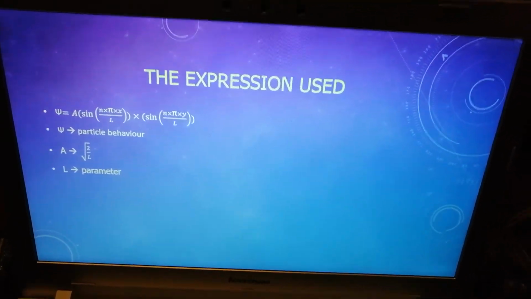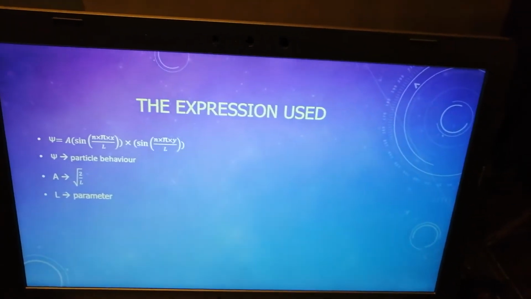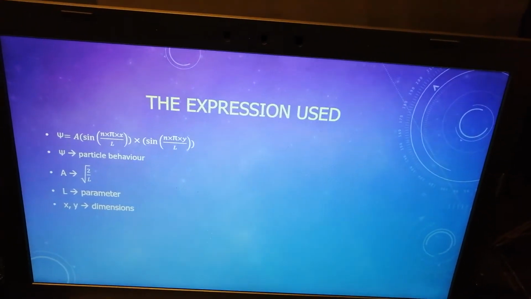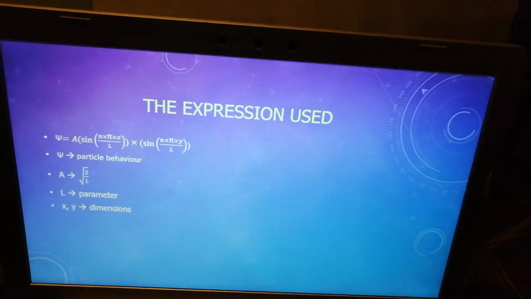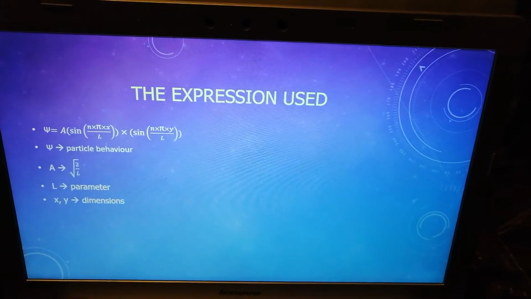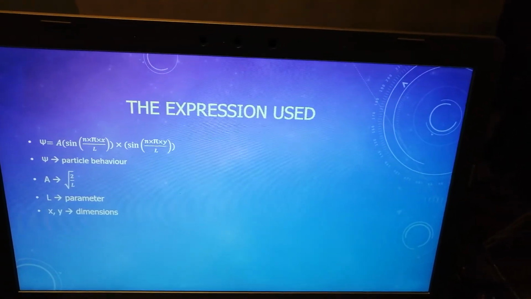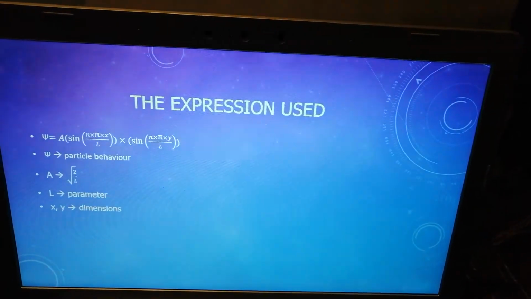L is the parameter of our box, or the length of the box, and x and y are the dimensions that the particle is going to be in. So we're going to have 3 dimensions in the environment to look at, and the particle is going to be in the x and y dimensions.